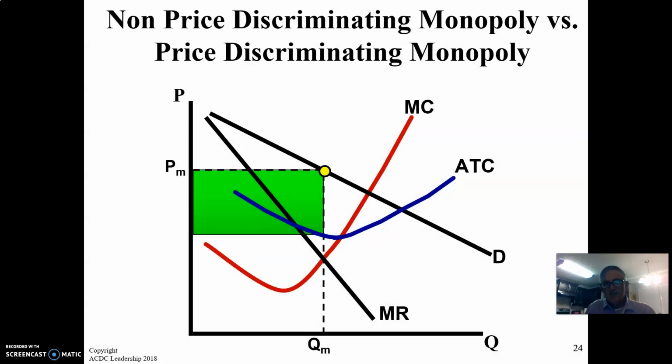All right? So, if we're looking at a non-price discriminating monopoly, we get our monopoly gang sign. All of our cost curves are the same. We know that in a price discriminating monopoly, marginal revenue now equals the price, or it equals the demand, right?